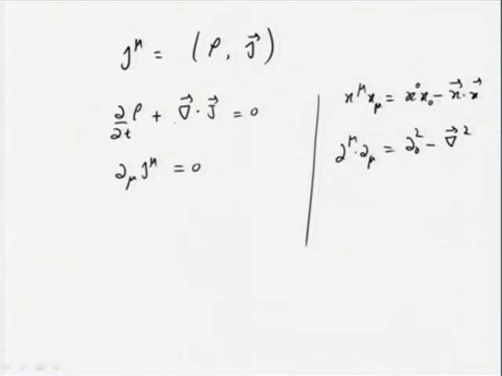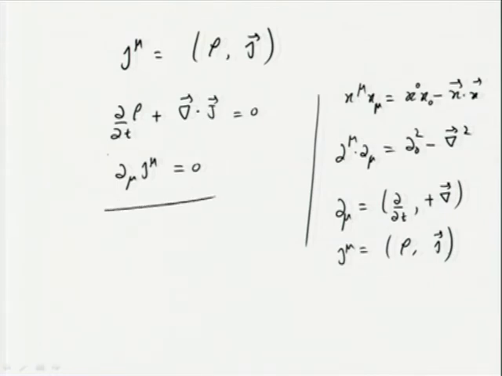But here we do not have that relative sign, because ∂_μ is ∂/∂t plus grad. The covariant vector has a plus sign in this case, and j^μ is a contravariant vector which also has a plus sign the way we have defined j. So, this is the continuity equation written in a compact way.